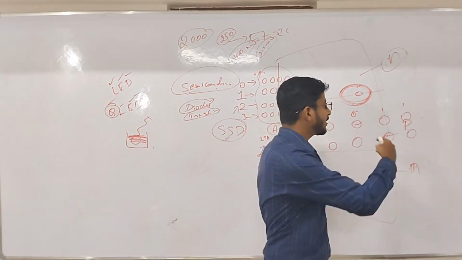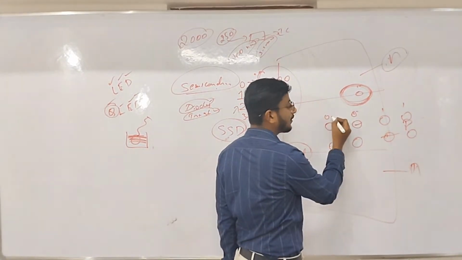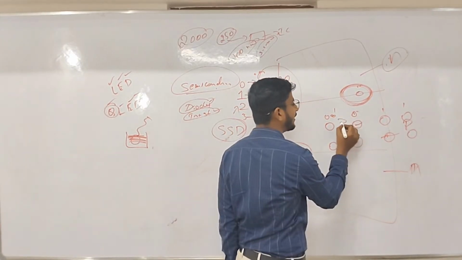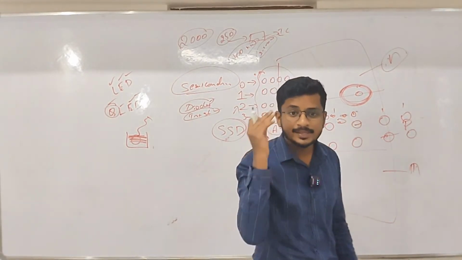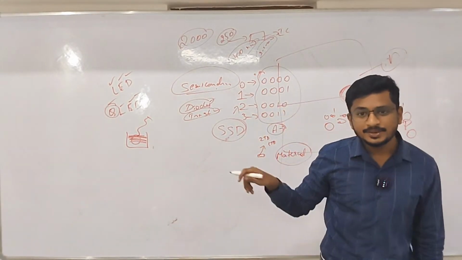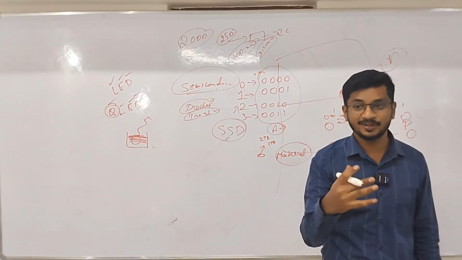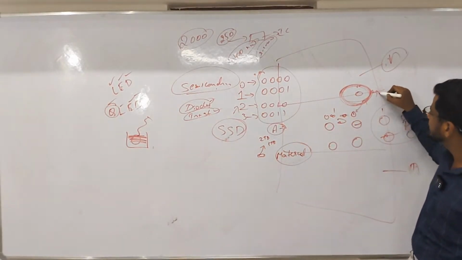Based on that also I can do this. If the electron is spinning left, 1. If the electron is spinning right, 0. I can assign that. That is your quantum computing, spintronics, not electronics now. We spoke about electronics. Now it is spintronics.